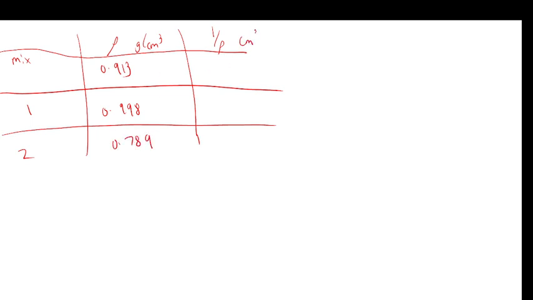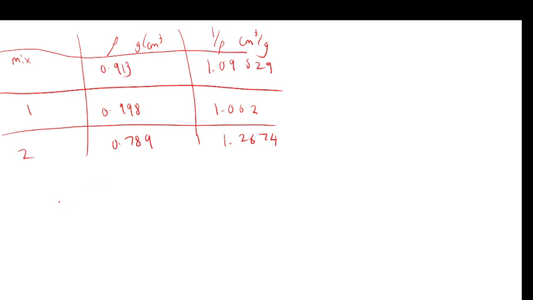So this is going to be in cm cube per gram. So let's find their inverses. The first one is going to be 1.09529. The second is going to be 1.002, and then the last is going to be 1.2674.